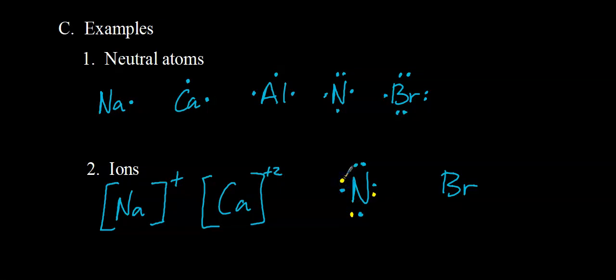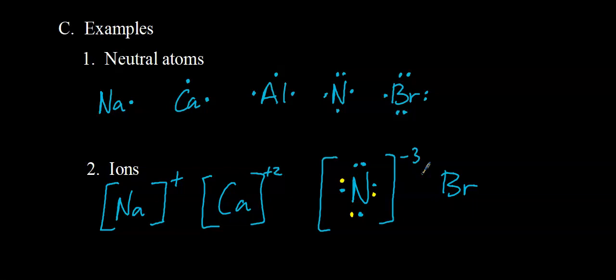So 5 electrons that it has by itself, 3 more that it gains. And again, last step, we want to take that whole symbol and put it in brackets. And then put the charge outside of the brackets. In the case of nitrogen, it gained 3 electrons to form an ion with a -3 charge.